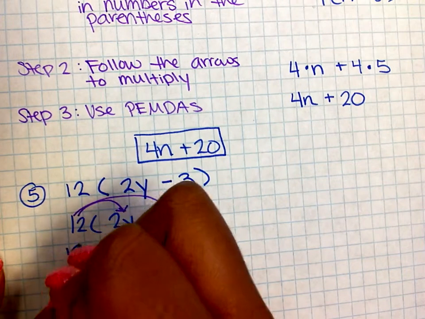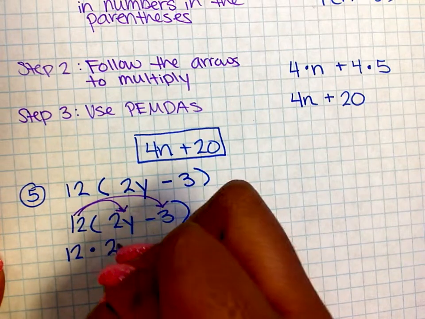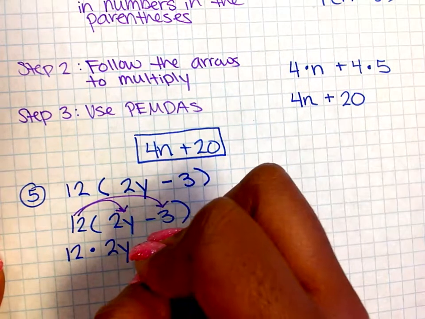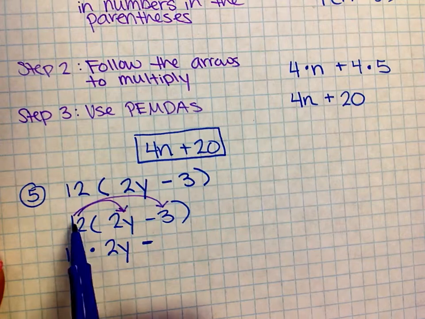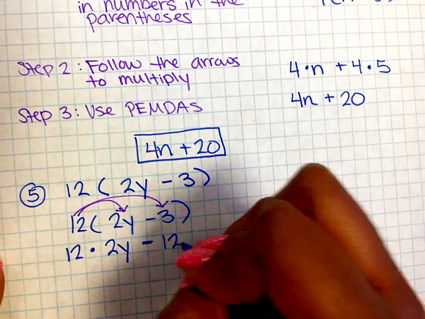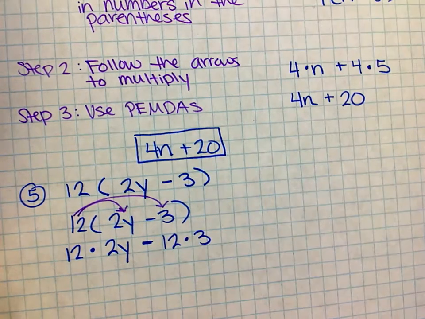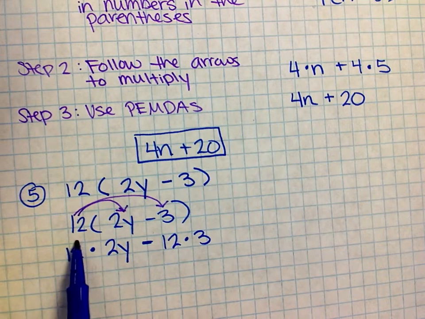So I have 12 times 2y, keep the subtraction sign there, 12 times 3. Does everyone see where I got that? Yeah. 12 times 2y minus 12 times 3.